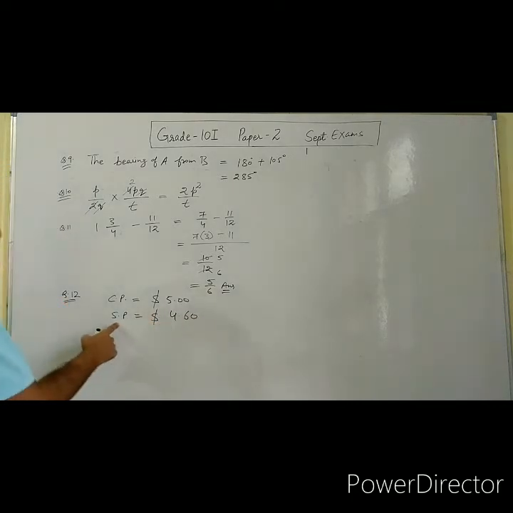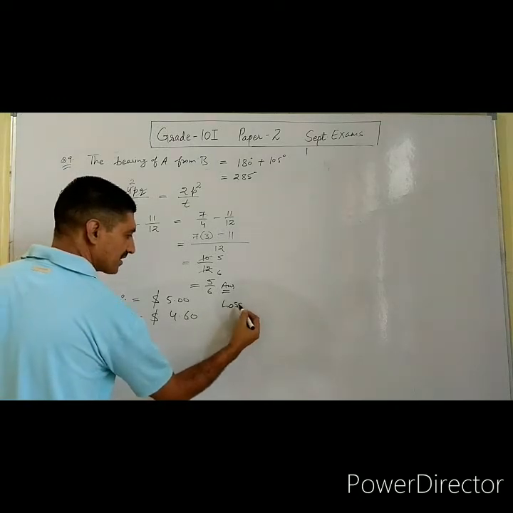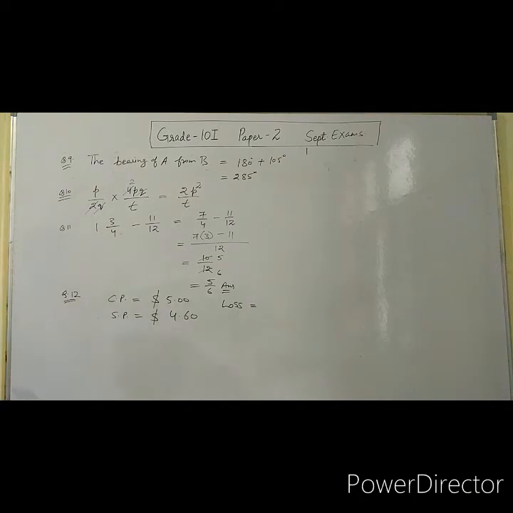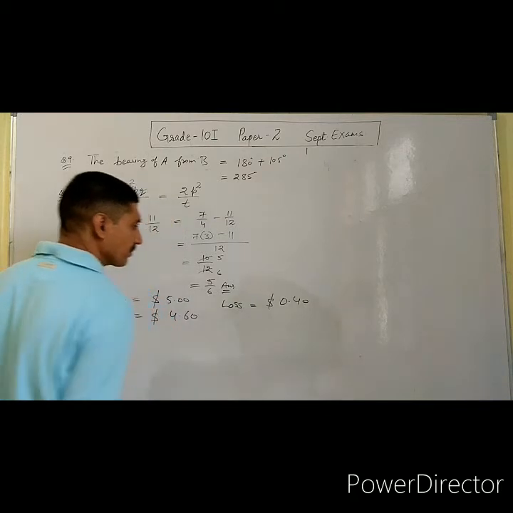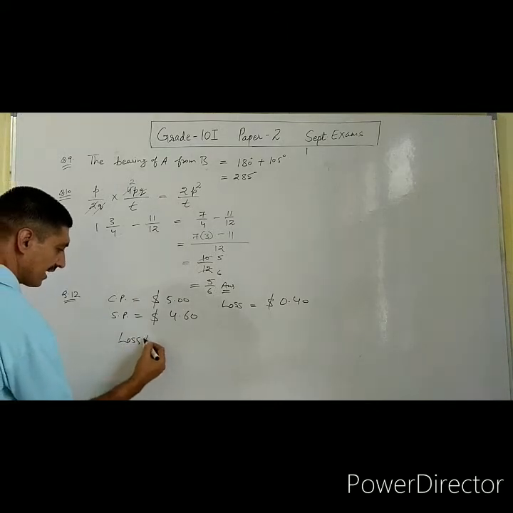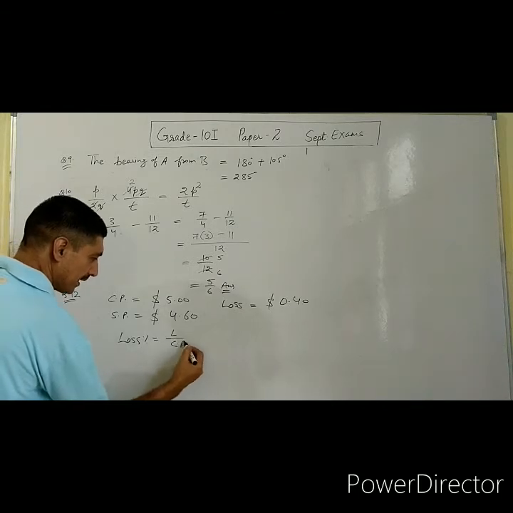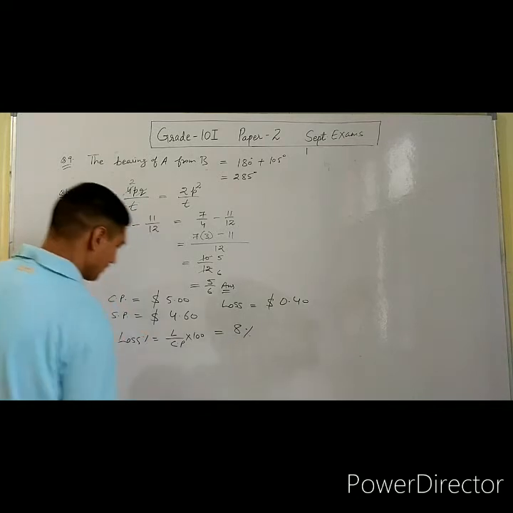So here the selling price is less, so the person suffered a loss, and we have to find the percentage loss. So what is the loss? Loss is $0.40, okay, and the loss percent we always find as loss upon CP into 100. So when we put in the values, we will get 8%, right?